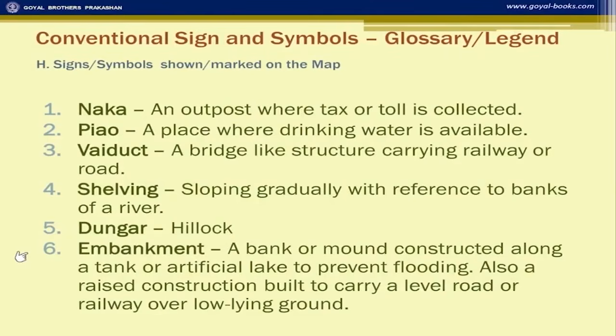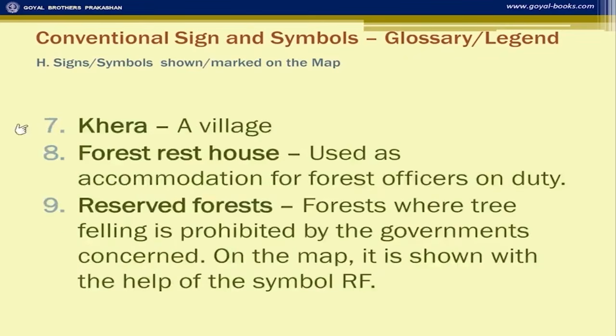Now embankments we have already discussed. Embankment means a bank or mound constructed along a tank or artificial lake to prevent flooding. It is also a raised construction built to carry a level road or railway over low-lying ground. Khera is a village, as you know in the local language, but it is given there as Khera.